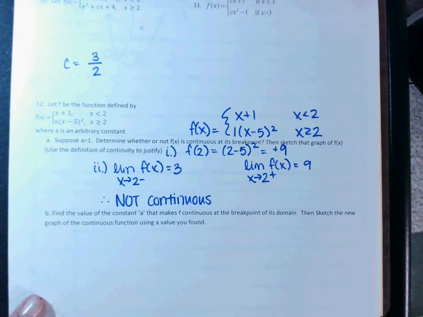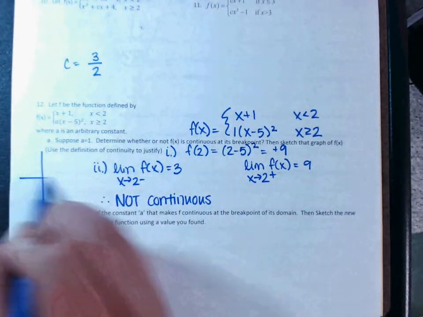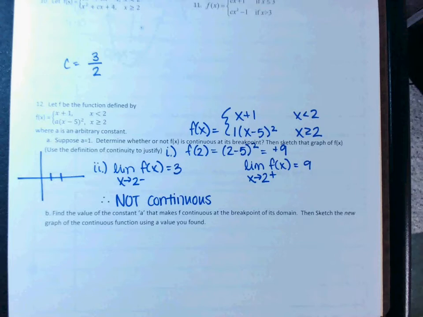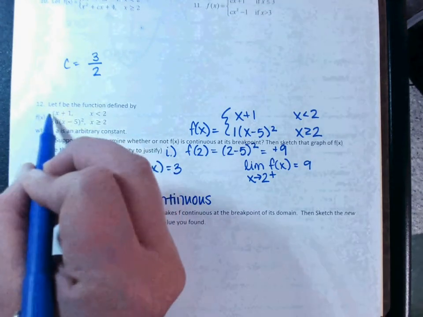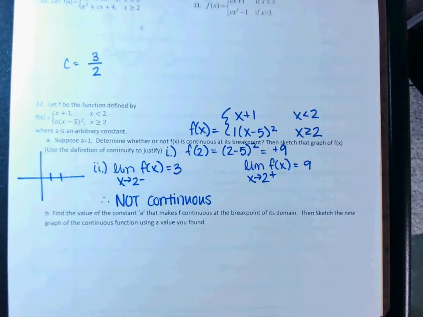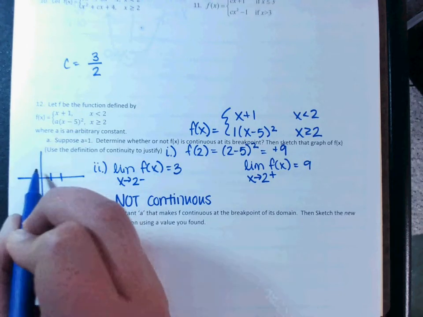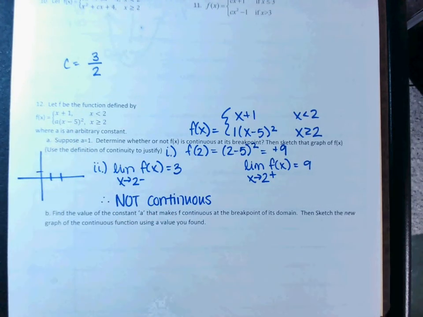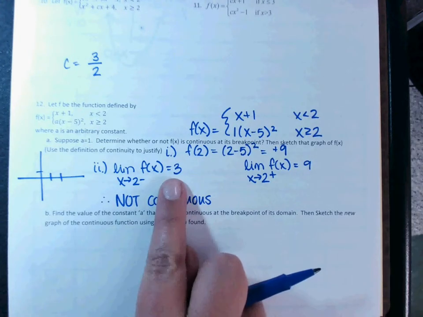Okay, now it says to sketch it. So what would it look like? My break point is where? 2. Okay, 2 is x plus 1. What shape is that? Okay, the first part's linear, right? Goes through 1, and then at what height is the left limit approaching? 3.